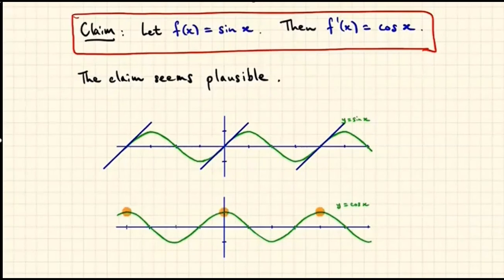Finally, focus on points where the tangent lines of y equals sine x have negative slope, and by that we mean negative 1.